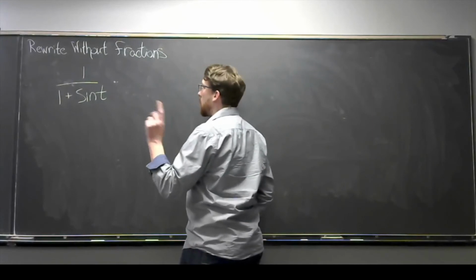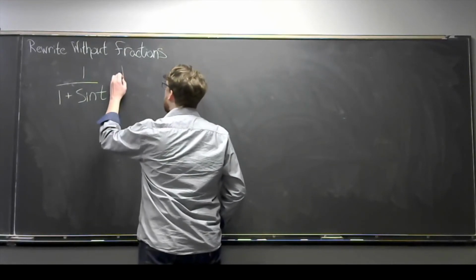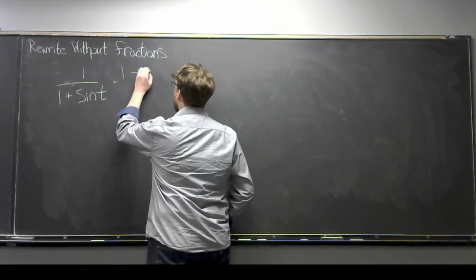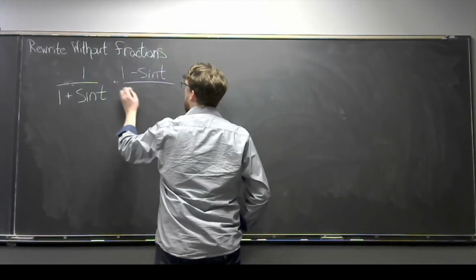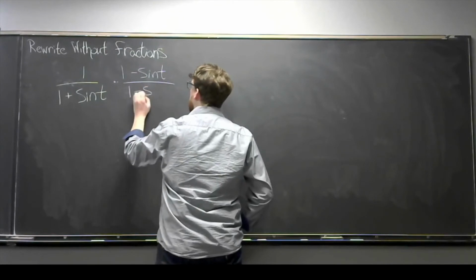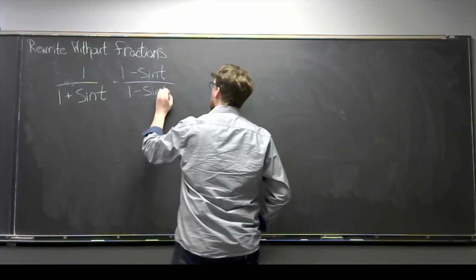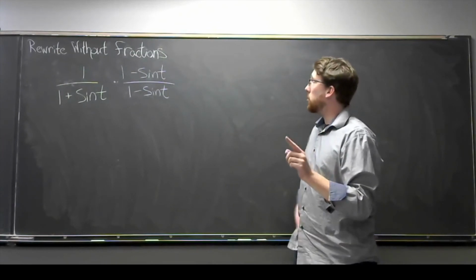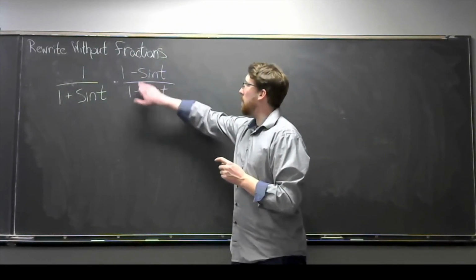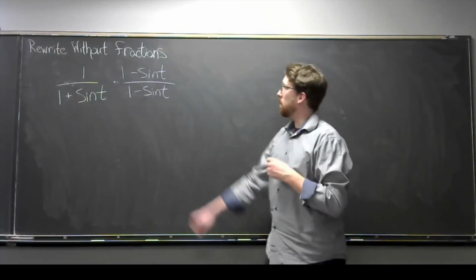But we gotta choose our 1 carefully. Let's use 1 minus sine t divided by 1 minus sine t. Same trick we used last time, but notice I chose how to represent my 1 very carefully.